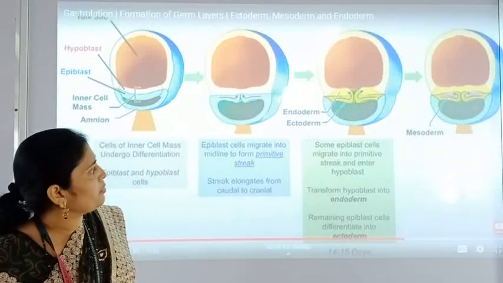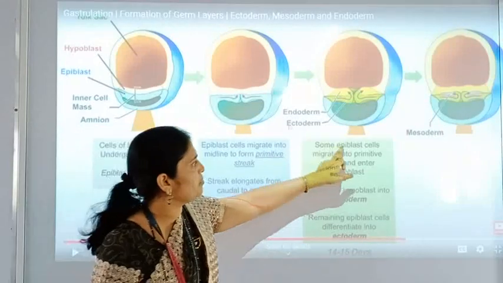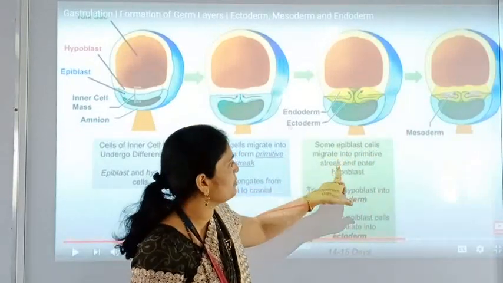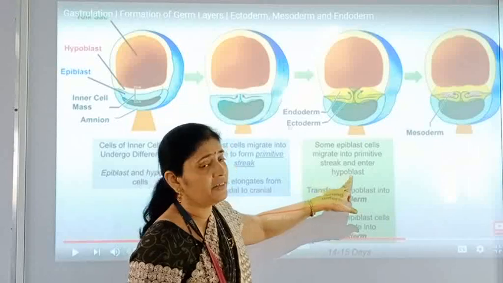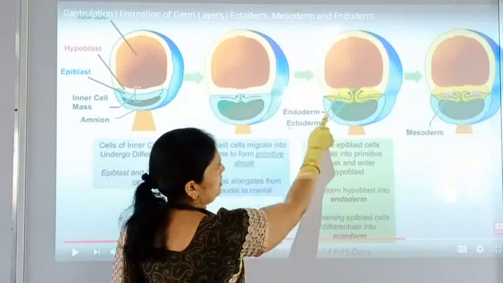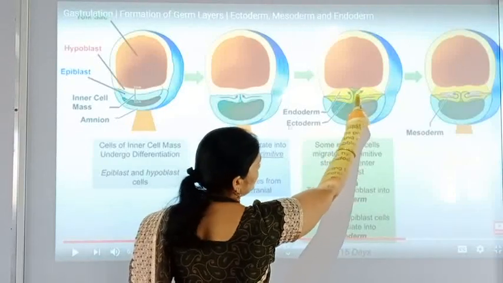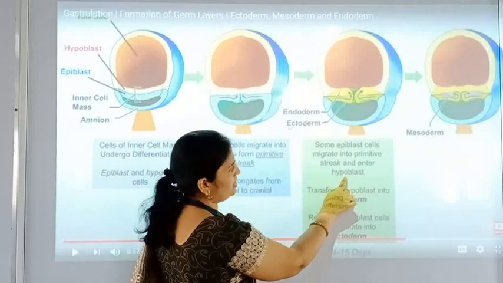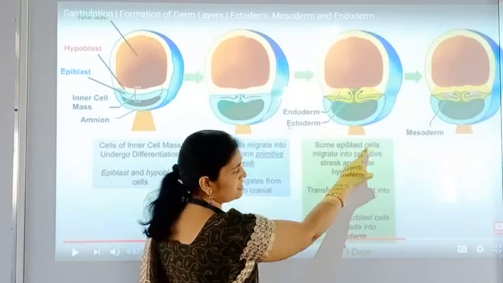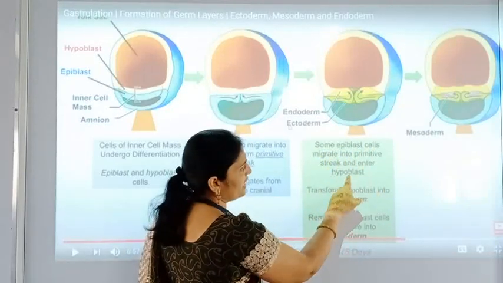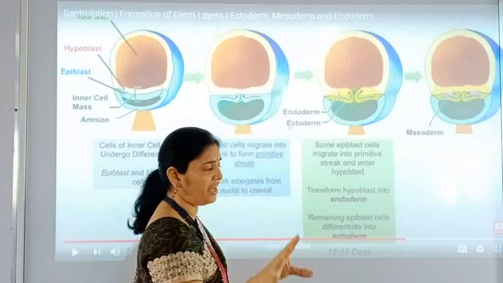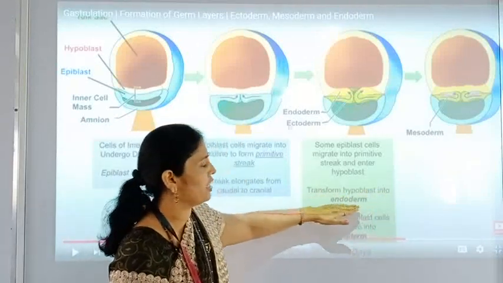After that, see what happens: some epiblast cells migrate into the primitive streak and enter into the hypoblast. So here this epiblast layer is entering into the hypoblast region and transforms the hypoblast into the endoderm.